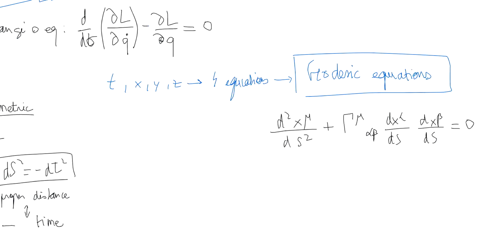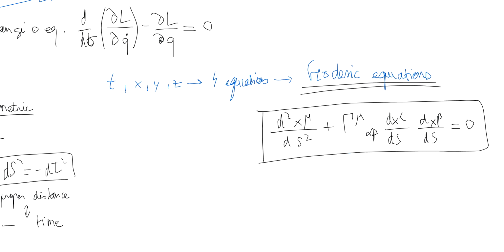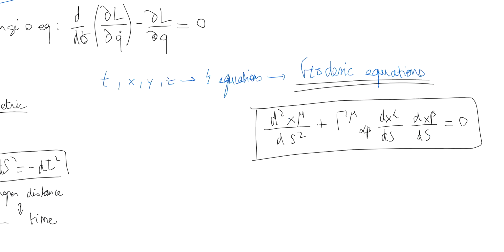So you obtain 4 equations like this, which are the geodesic equation.